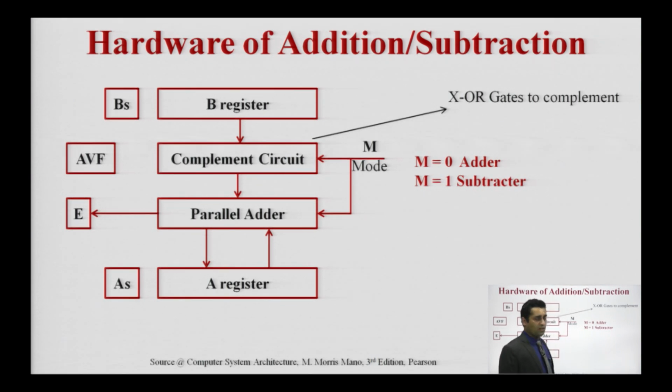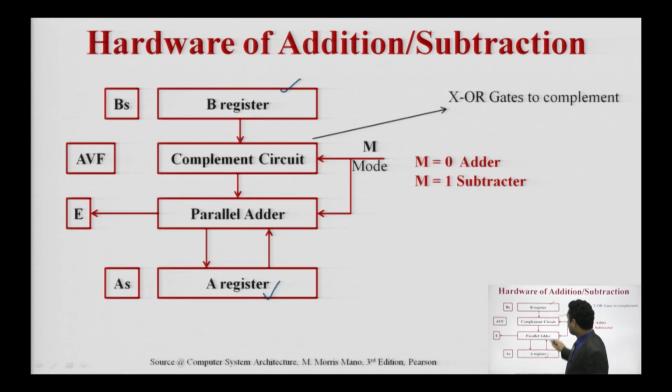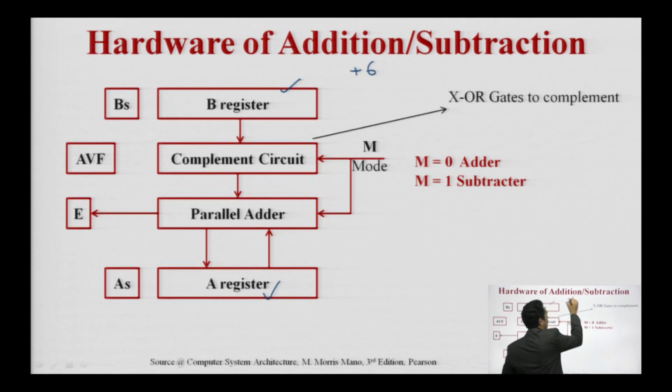So have a look at this hardware circuit where we are taking inputs in A and B. As mentioned here, this is the B register for one number, this is the A register, and these are the two circuits. In this circuit we are using signed magnitude numbers. Say my number is plus 6.